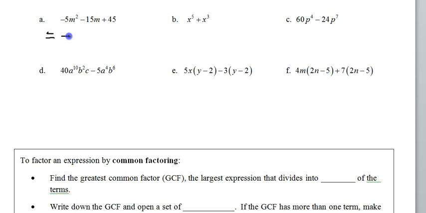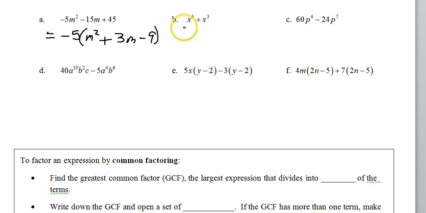So this is equal to negative 5. Now, this has an m squared, this has an m, this doesn't have an m, so there is no m term. So negative 5 times what gives me negative 5m squared, just m squared. I've already got the negative, so this will be plus 3m, to give me negative 15m, or really negative 15m divided by negative 5. And 45 divided by negative 5 is minus 9.